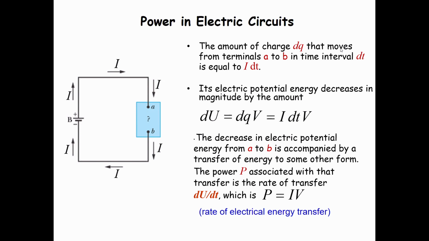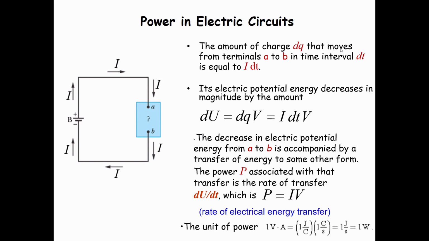One of the reasons Tesla won the battle of currents against Edison is for this reason. It's much easier to transform from high voltage to low voltage and vice versa using AC as opposed to DC, which we'll talk about later, but it's related to transformers. Also, magnetic fields are produced from currents, which, again, I'm getting ahead of us.